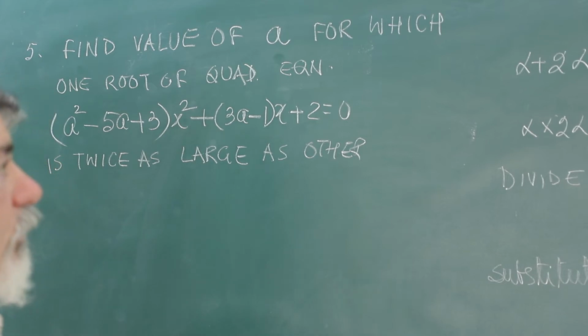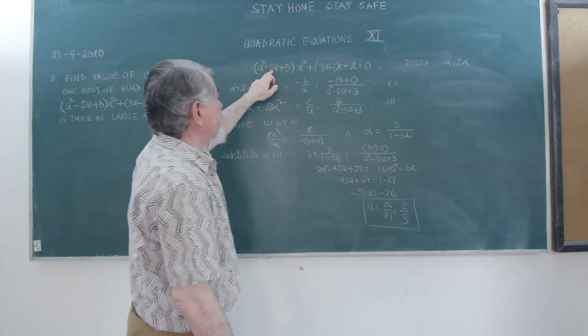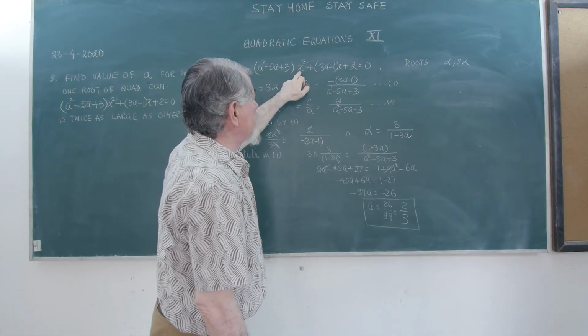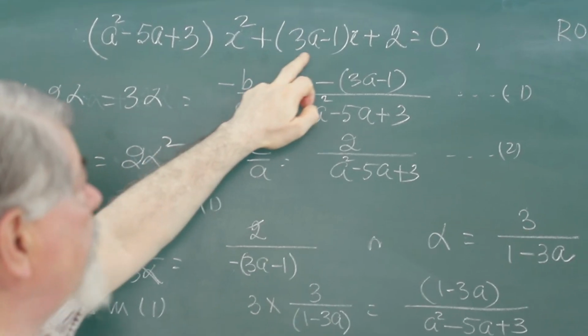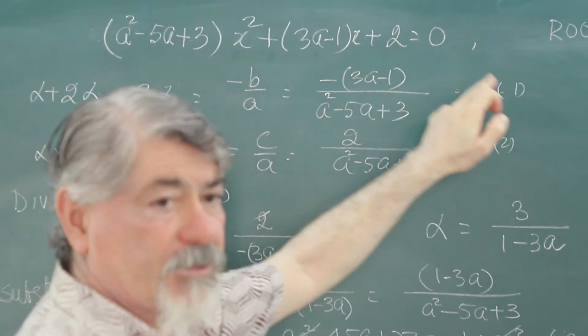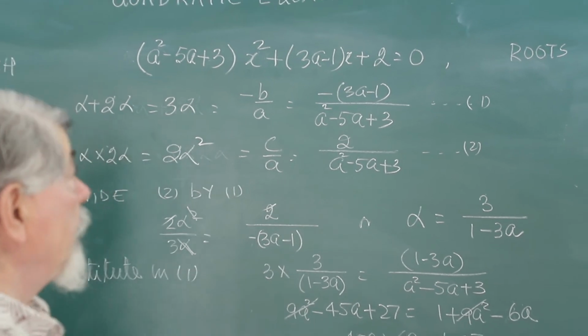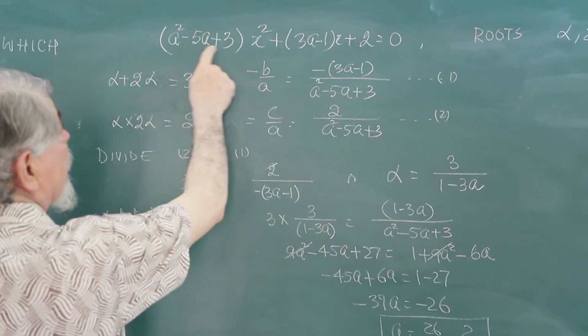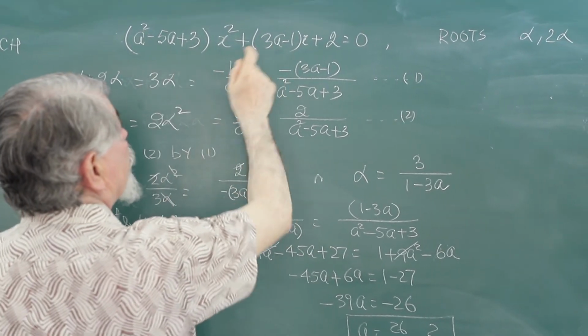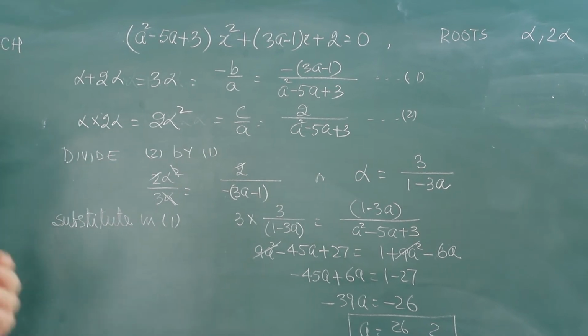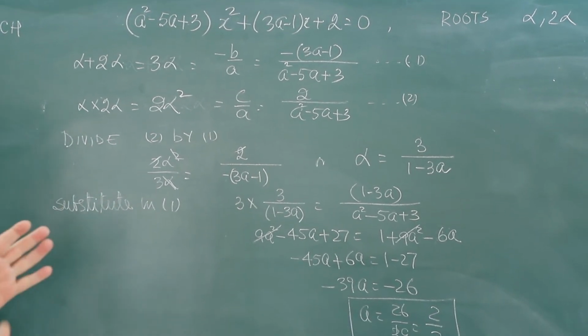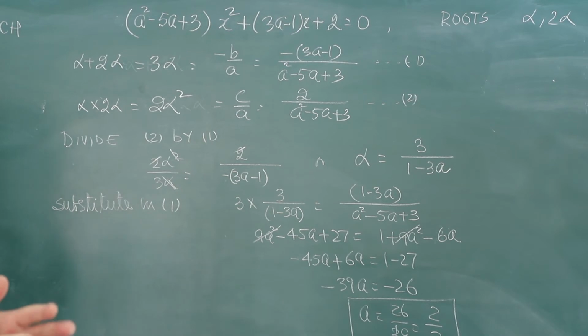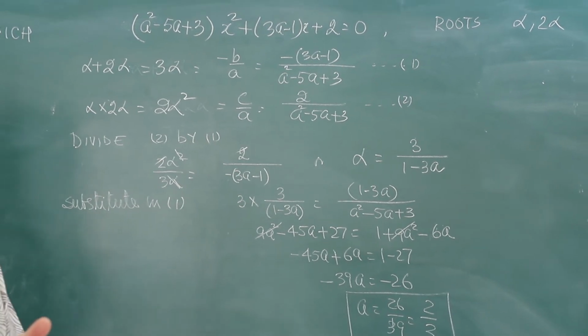He has given you a quadratic equation, a square minus 5a plus 3 into x square plus 3a minus 1 into x plus 2 equal to 0, and he said you have to find out the value of a in this. And the condition is that out of the two roots, one is twice as large as the other root.